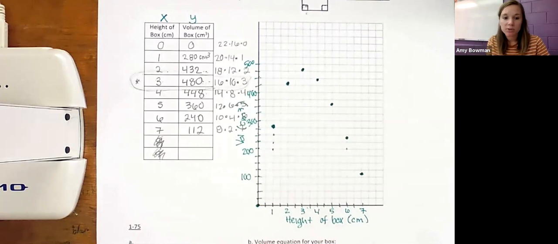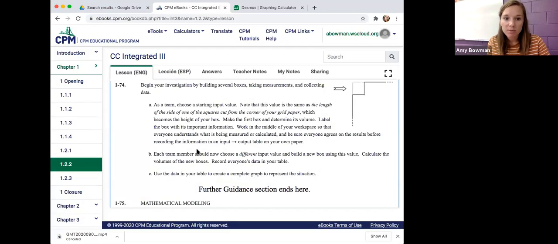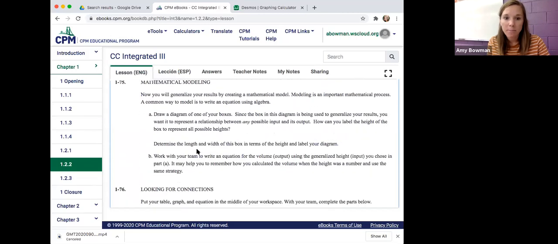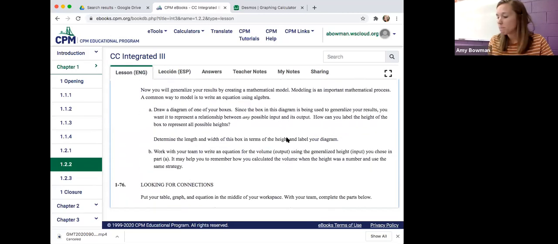So what we're going to do now is move on to problem 75, which gets interesting because we want to look at how we can model this. So problem 75, in part B. In part A, we are going to draw a diagram.